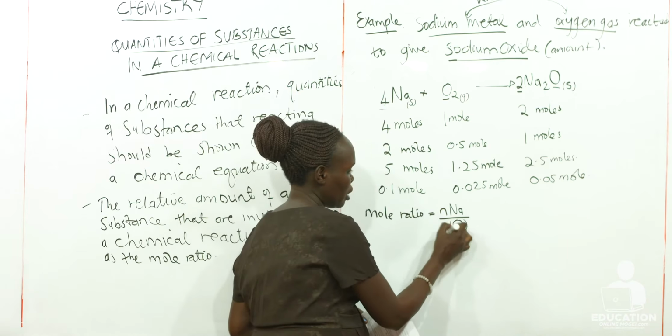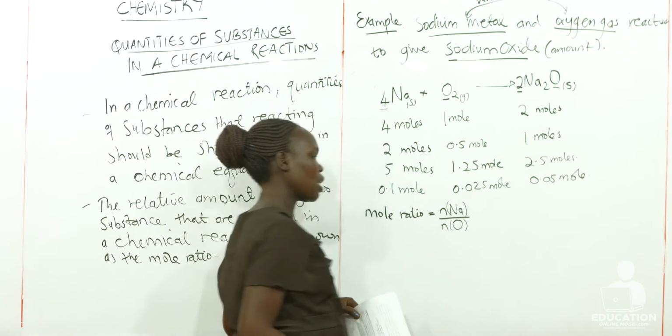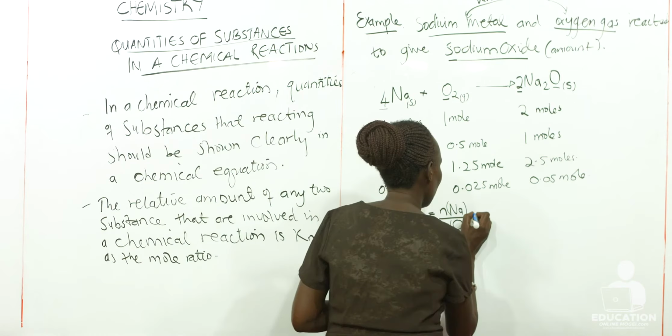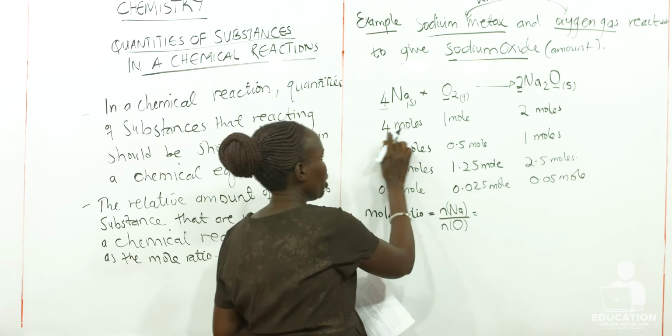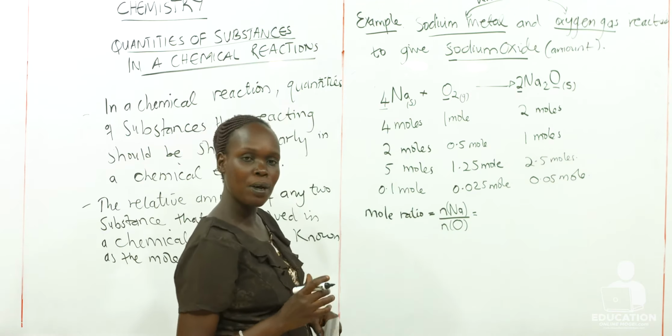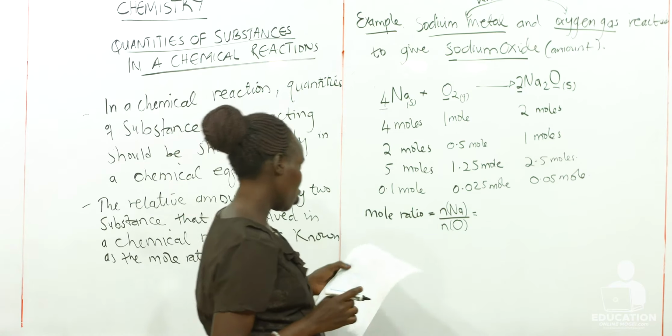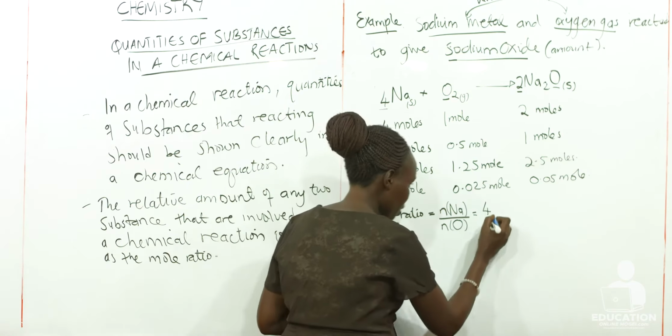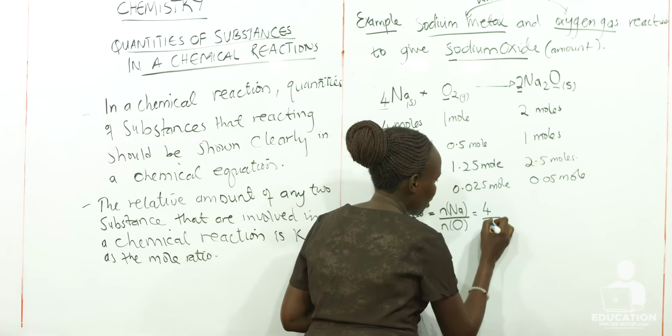Here oxygen is the atom that reacted with the sodium atom. The first row shows that there are 4 moles of sodium and 1 mole of oxygen, so we put 4 moles above and 1 mole below.